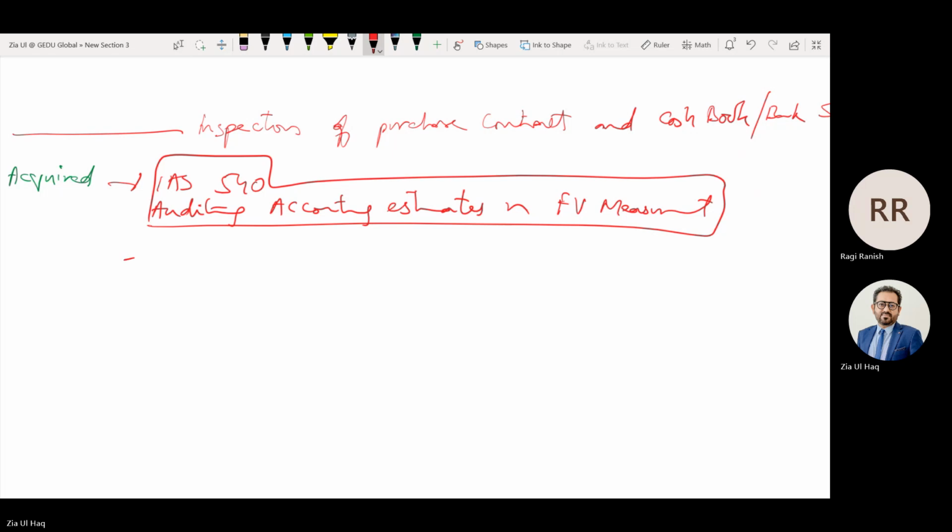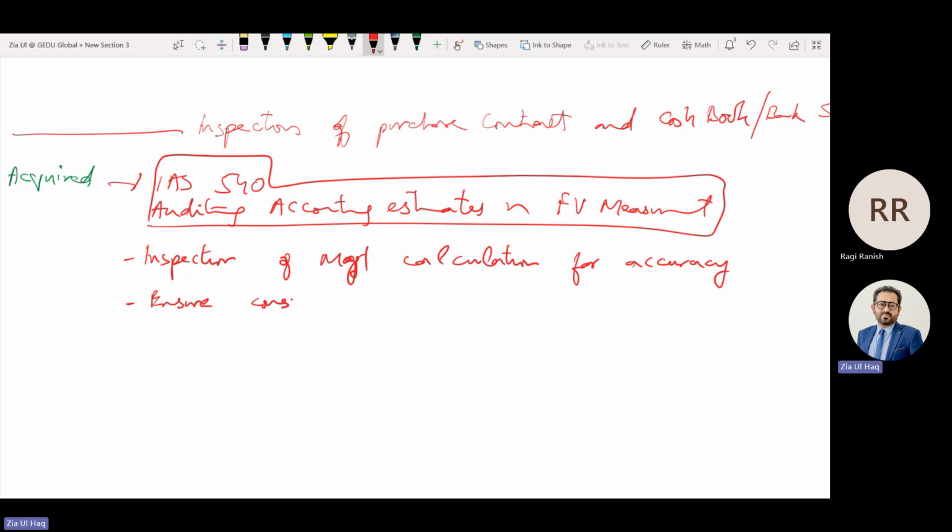First, inspection of management calculation for accuracy. Second, ensure consistency of accounting policies applied.